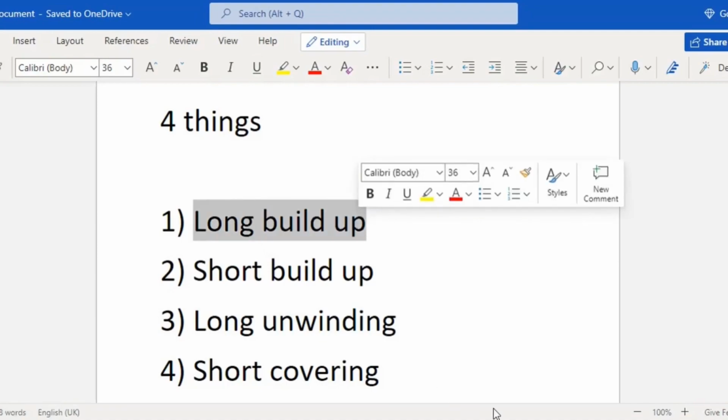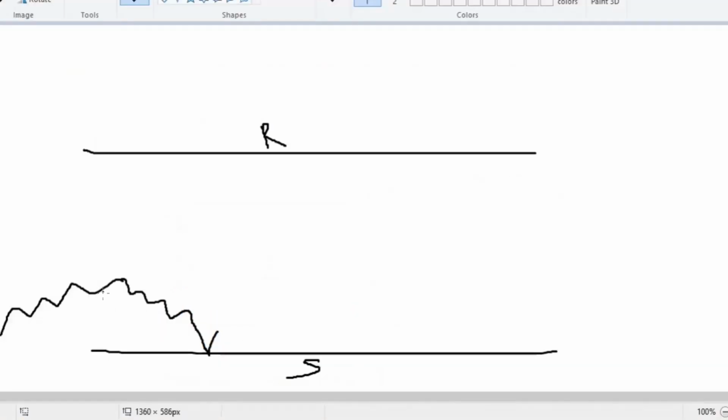So long buildup is basically this: whenever the market is taking a support, or whenever people enter in huge quantities or even small quantities, that is called long buildup. Generally it's not small quantities, it's usually big quantities, because this option chain data is manipulated by the option sellers, the DII and FII people.